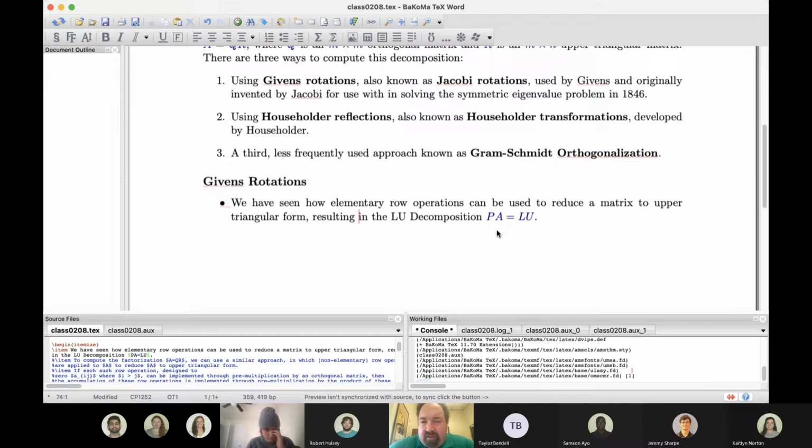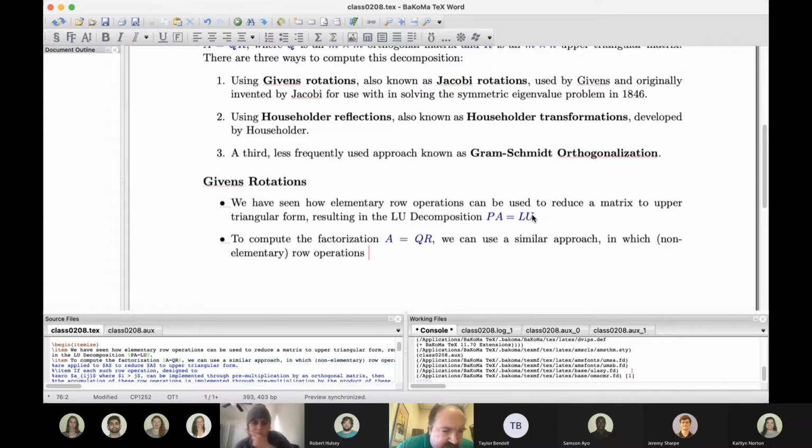In Gaussian elimination, you start from matrix A, you swap rows, and then you perform row operations to reduce A to upper triangular form U. We want to do the same kind of thing in that we're reducing to upper triangular form, but we want orthogonal matrices to do the job instead of elementary row matrices.